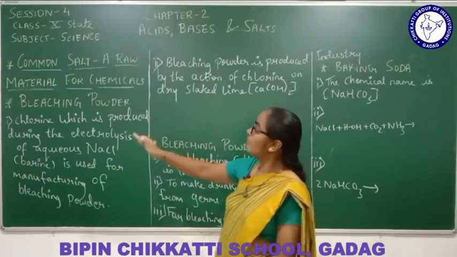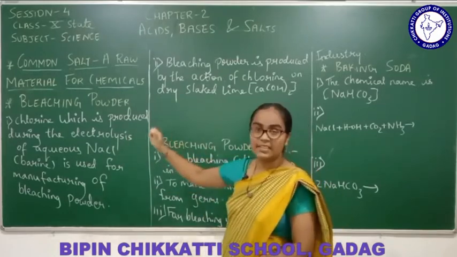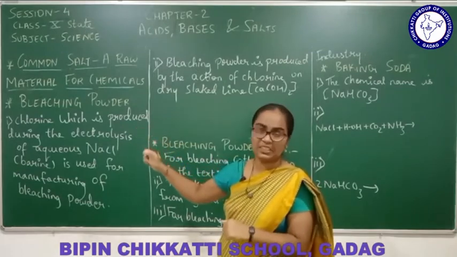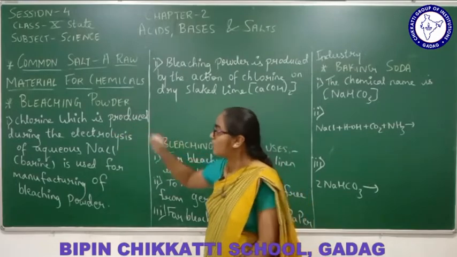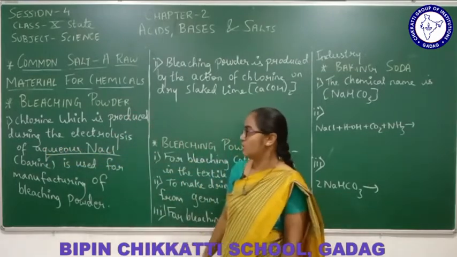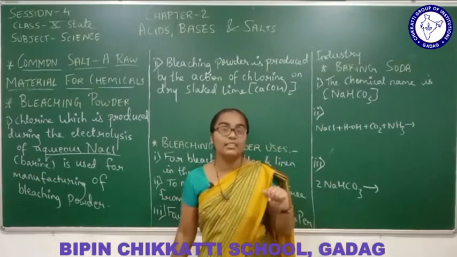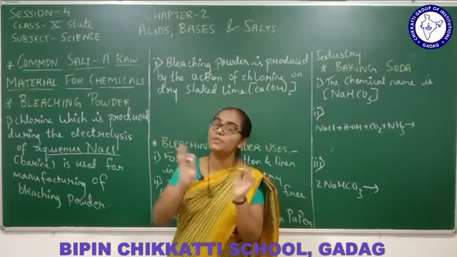Now, chlorine, which is produced during the electrolysis process. First understand what the raw materials used over here are. In bleaching powder, the chlorine is produced during the electrolysis of aqueous NaCl brine solution, right? Earlier we studied how sodium hydroxide is produced by using NaCl.